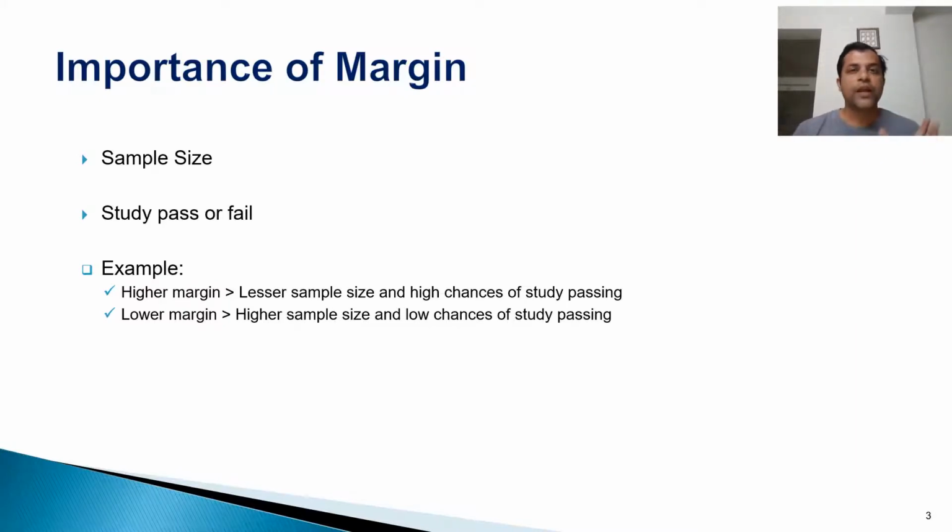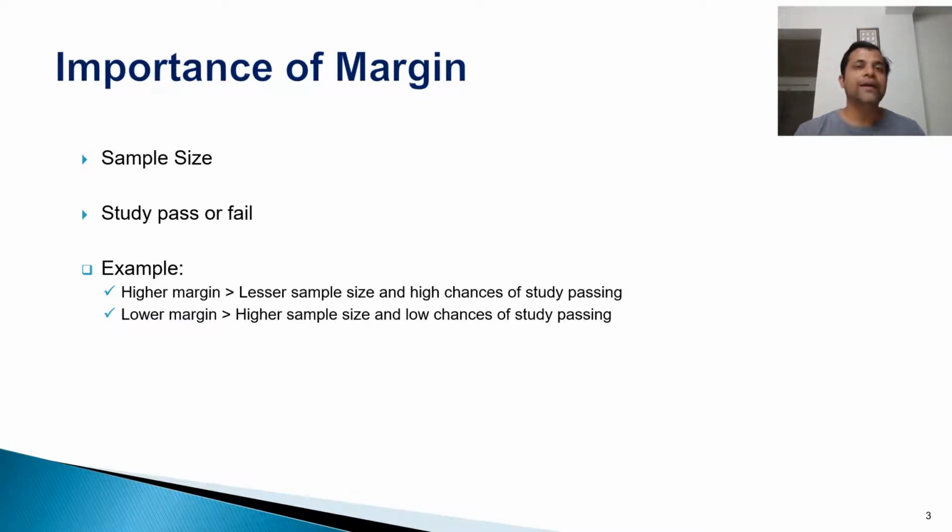Margin has impact on sample size as well as study pass or fail. For example, if we take higher margin, then sample size will be lesser, which makes study more economical. And the chances of study getting pass is also higher, which is also good from commercial point of view. If we take a lesser margin than what is required, then what will happen?